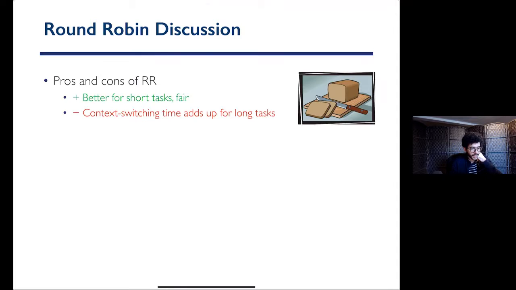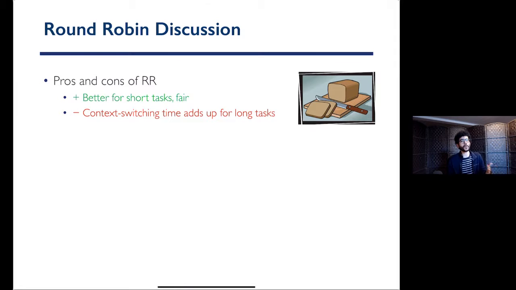Okay, so now let's discuss what is good about round robin. It's better now for short tasks because they're not going to get stuck behind long tasks. Even if a task that came before me is long, I'm not going to wait for its entire execution.